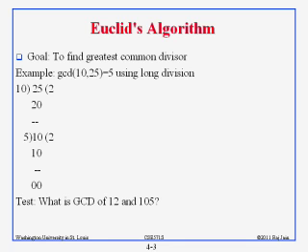But that's actually much more difficult than the method here, which is that you divide 25 by 10. Whatever remainder comes out, you divide that into the previous divisor. So you divide 10 by 5, and you get 2 and a remainder of 0. Once you get a 0, then the last divisor is the greatest common divisor.